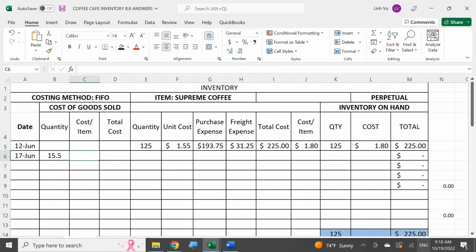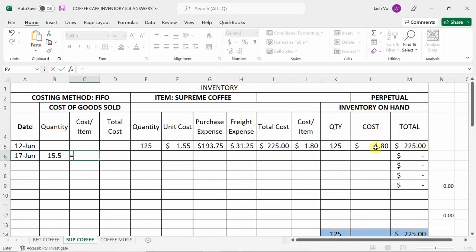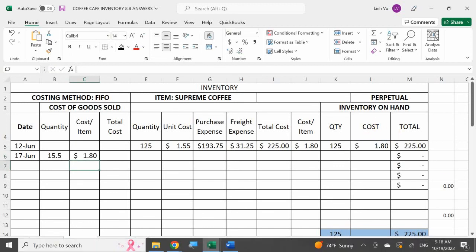FIFO. In this case, I only have one batch and one batch only. What is my current cost per item for my first batch of inventory? $1.80. So, therefore, what is my total cost of goods sold?